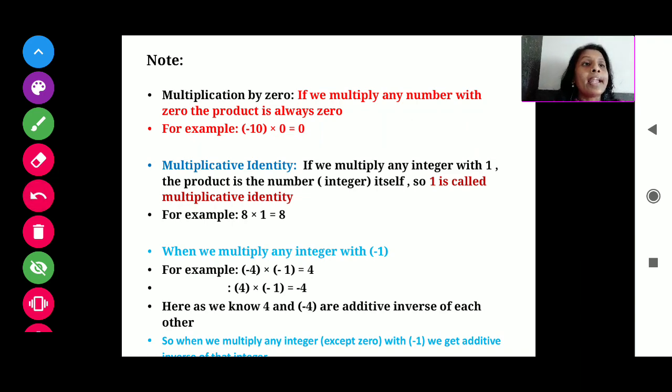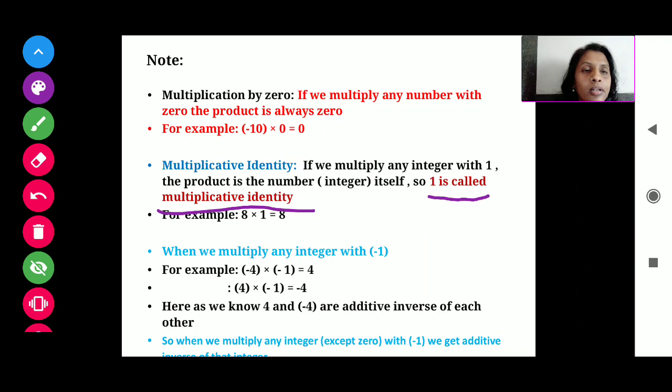Multiplicative identity. Most important thing in multiplication of integers. If we multiply any integer with 1, the product is the number itself. So 1 is called the multiplicative identity. It can be asked in your exam as a fill in the blanks, true or false, in MCQ, anywhere. This question will be there.